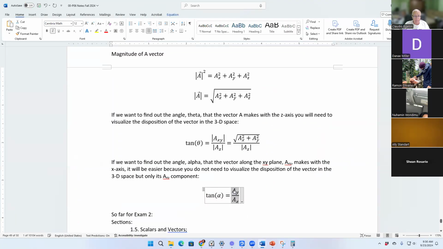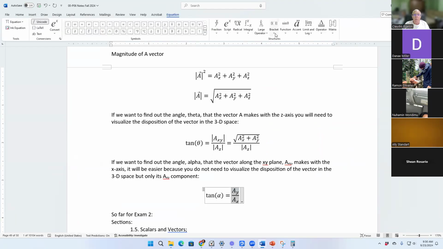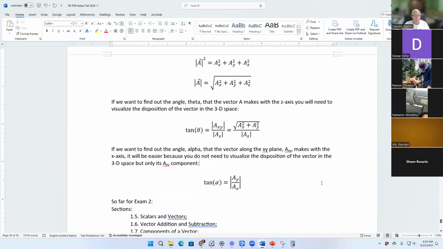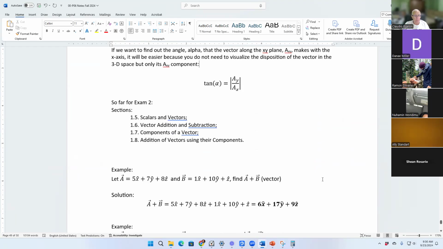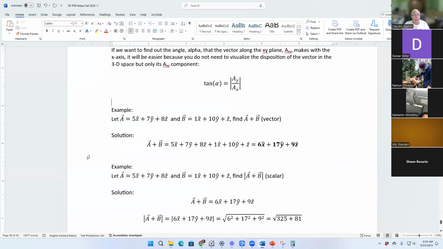Ay over Ax, but let's not forget it is the magnitude. Okay, so we did everything.